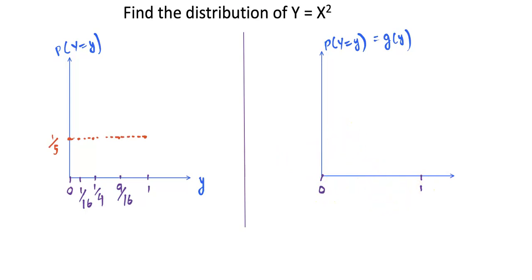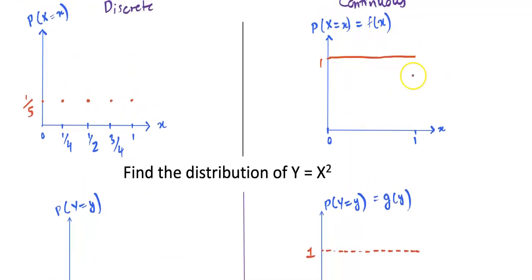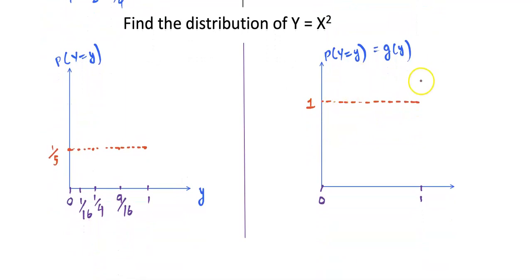Just based on the pattern that we see here, I'm tempted to say that it's still going to be a flat line, because we know that the area has to be 1, and the probability density was 1 everywhere. So maybe when we square it, it's still going to be the same. So this is our initial guess.